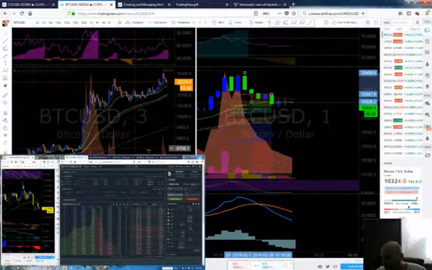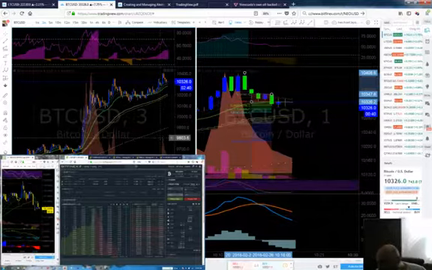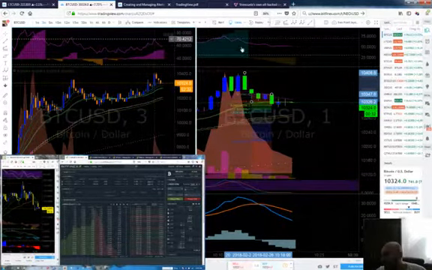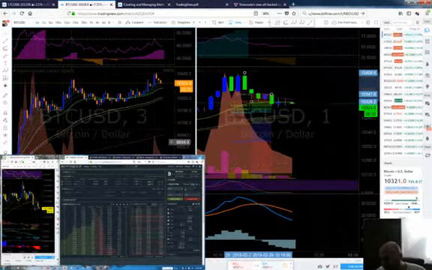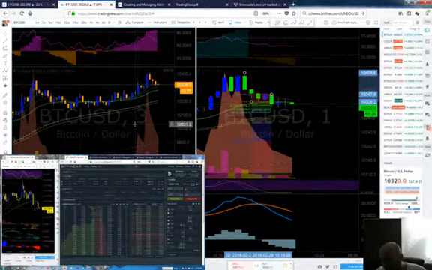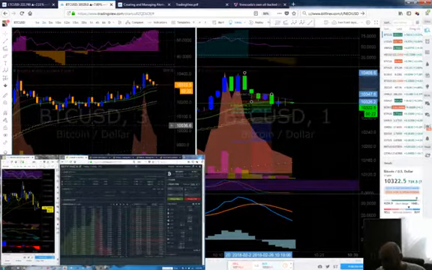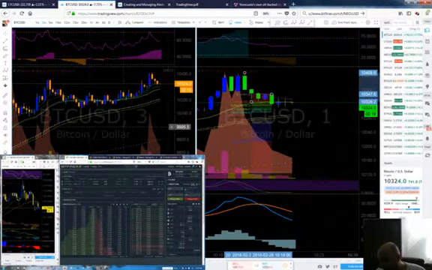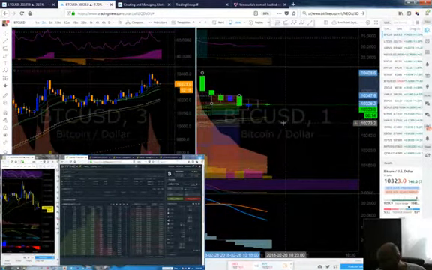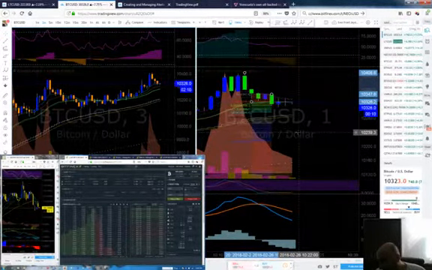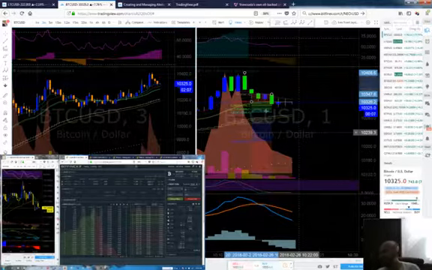I'm gonna look at the forest index first before I short this. It doesn't look shortable. Yeah, no. I don't think I'm going to short this right now.